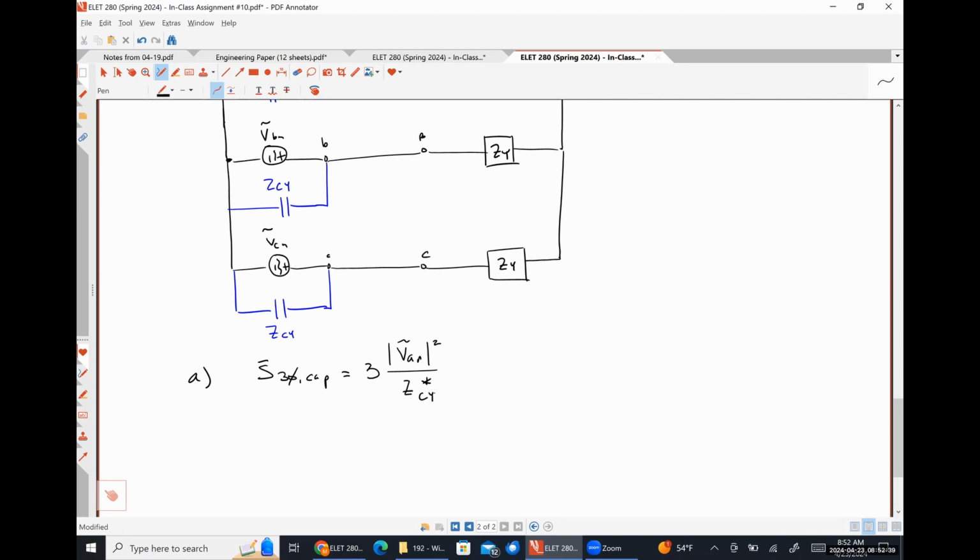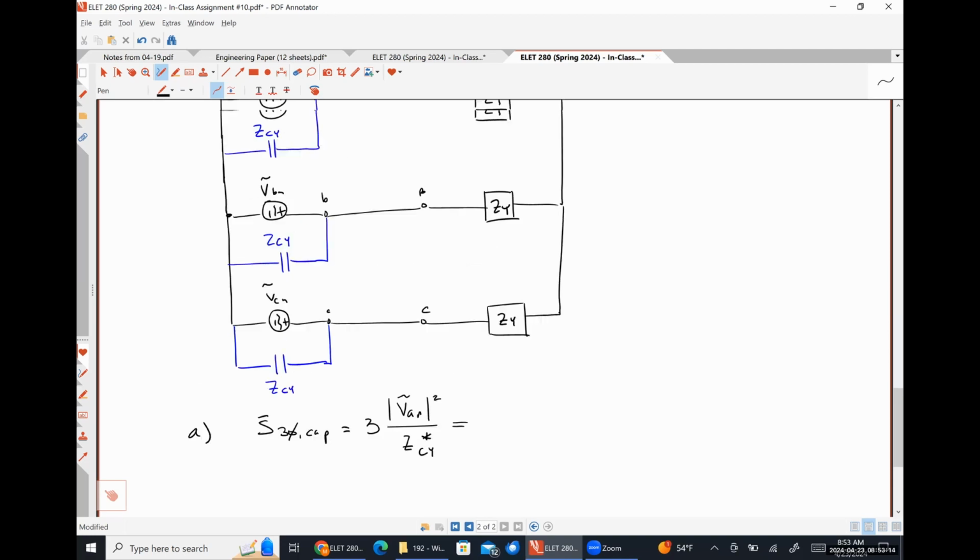This is a relationship that we learned when we were covering single-phase circuits, where the complex power absorbed by any generic impedance could be expressed as just the magnitude of the voltage drop divided by the conjugate of the impedance. If you want me to derive it again, it'll take 20 seconds, but hopefully we've used this one enough to where we know where it's coming from. The factor of 3 here is just because we have a 3-phase system. Okay.